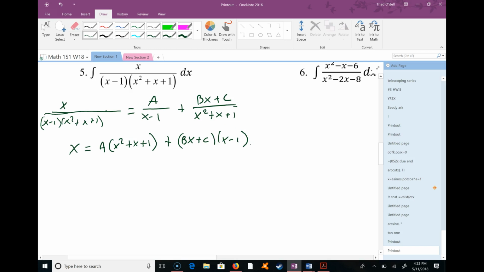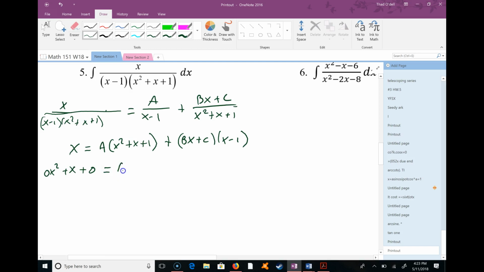Now we've got to get all the x's together, all the x squareds together, etc. So I'm going to multiply this stuff out, and I'm going to write over here, this is 0x squared plus 1x plus 0, just so we know what each of the terms are.